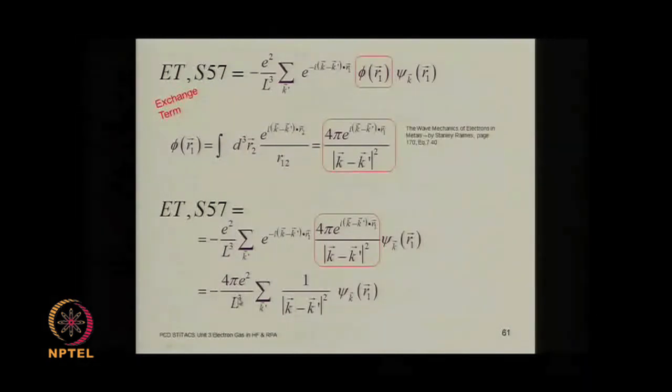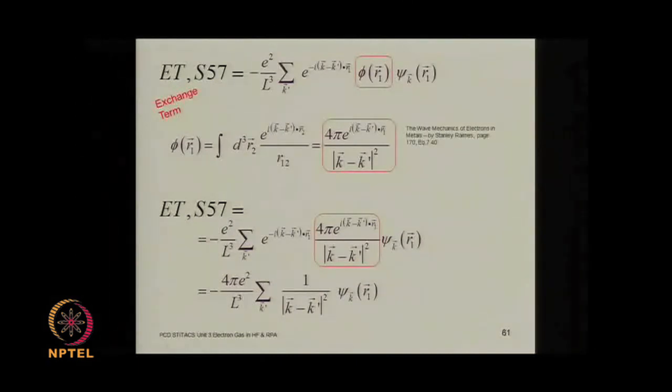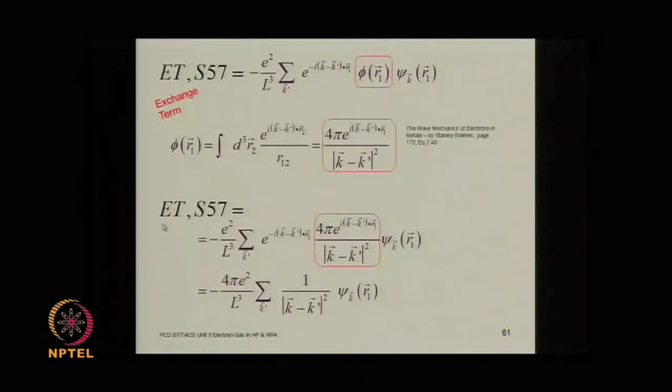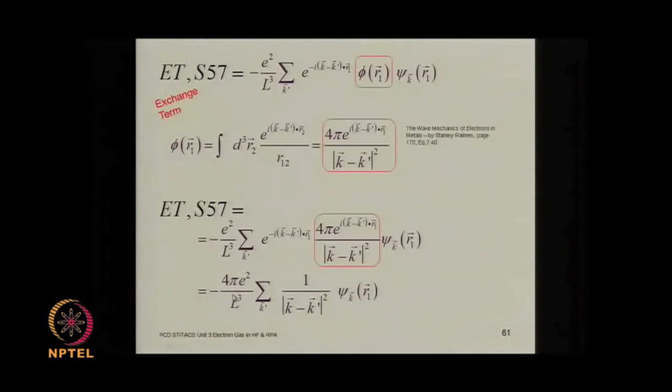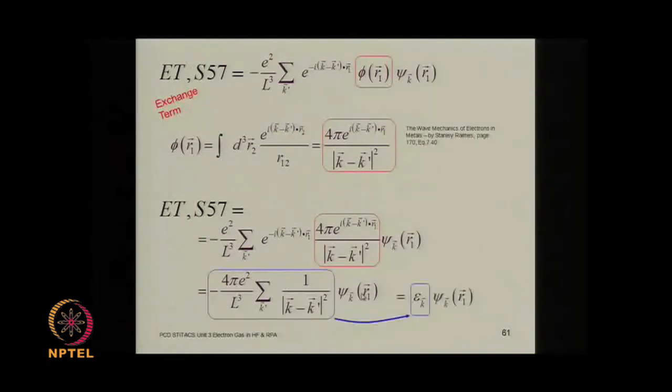Now, you see the advantage of doing what we did: you have the exchange term as minus 4 pi e square over L cube, summation over k prime, 1 over |k minus k'| squared, times this orbital. Now, this term in the blue box, inclusive of the minus sign, is what I write as epsilon k. This is written with a subscript k.